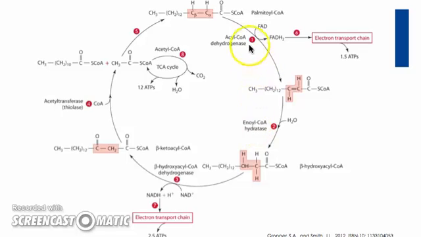So here we have the first oxidation step and the formation of FADH2. And then in step 3, we have the second oxidation step and the formation of NADH. And you see how they outline that the FADH2 and the NADH can then go on through the electron transport chain to form ATP.